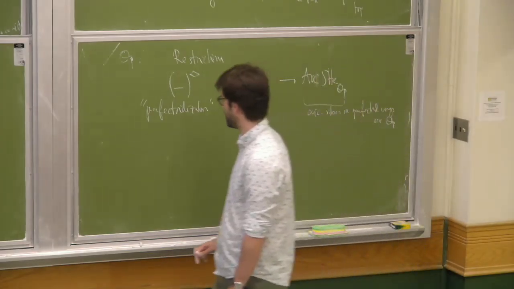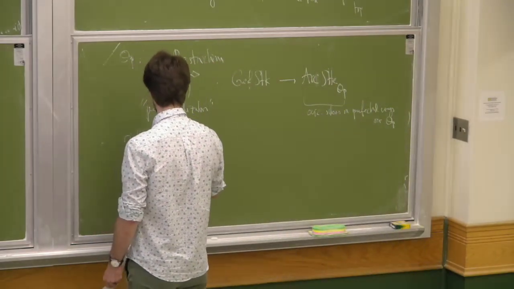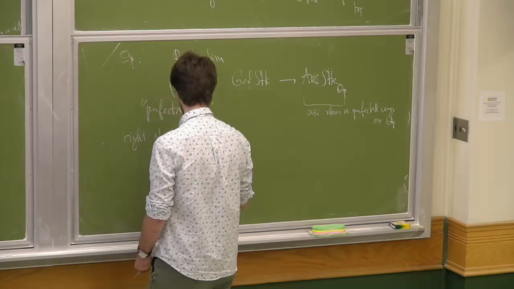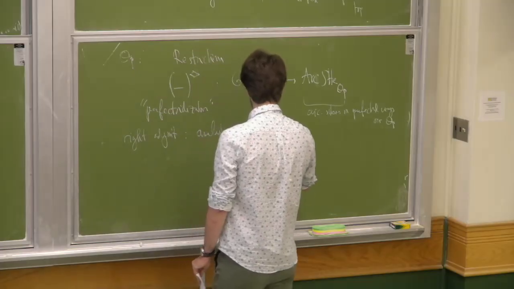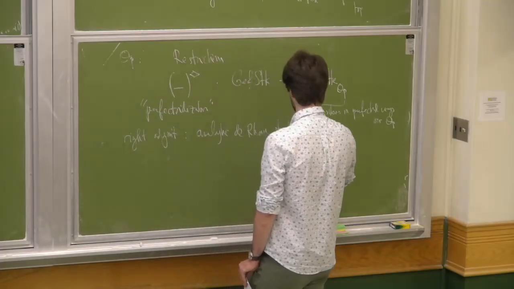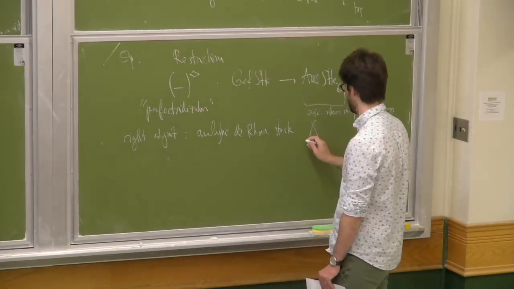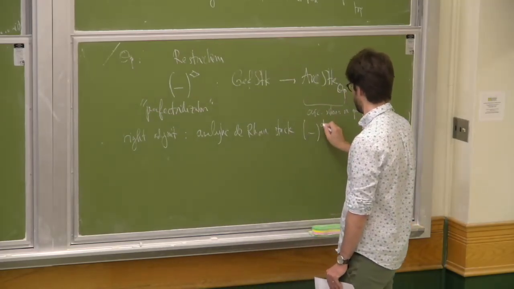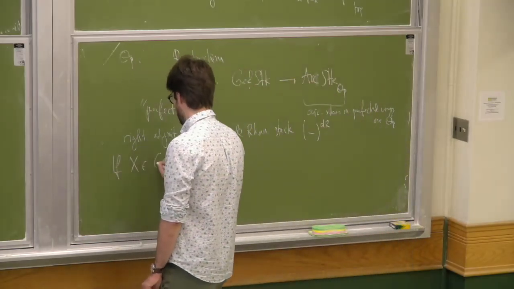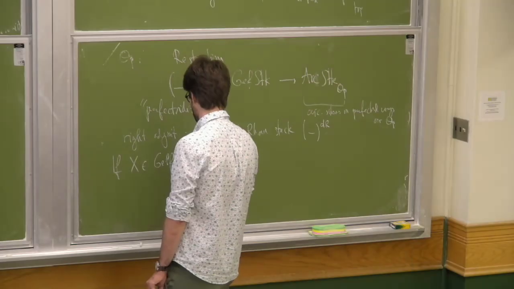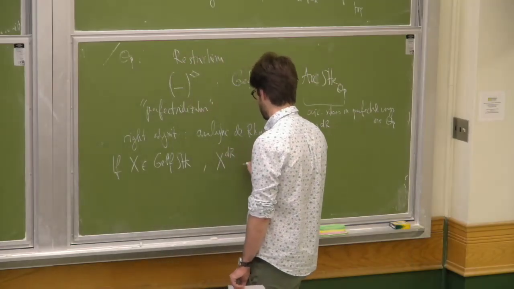And so now this has a right adjoint, and the right adjoint is what we call the analytic de Rham stack functor. A piece of notation: if X is a Gelfand stack, I will just write X de Rham.